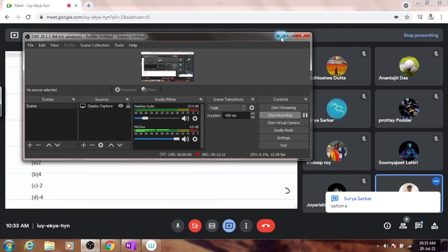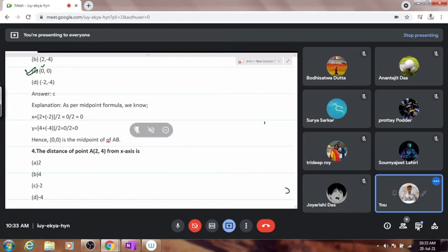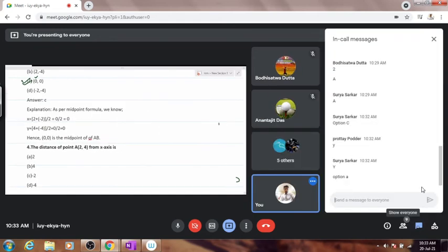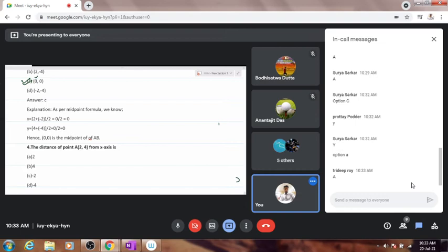Option A. Anyone else would like to answer? Option A. Anantajit for A. Bodhisattva is from B. So will Bodhisattva go with B or A?